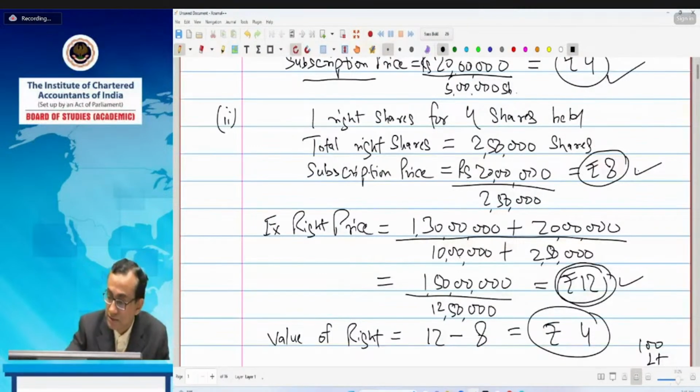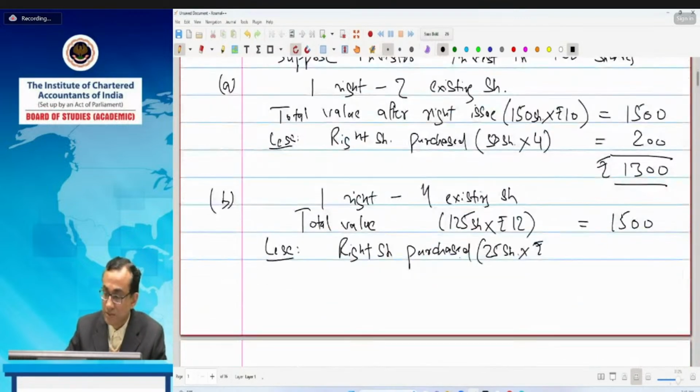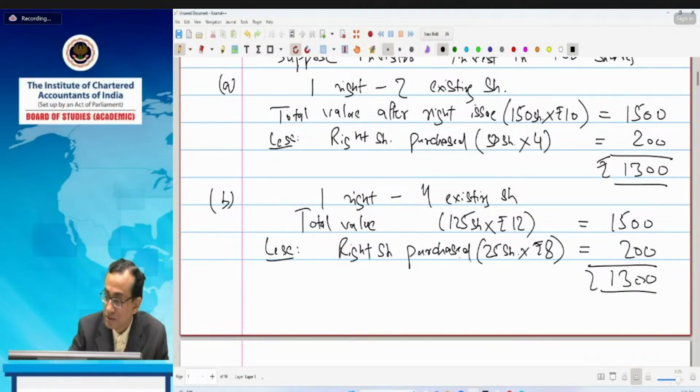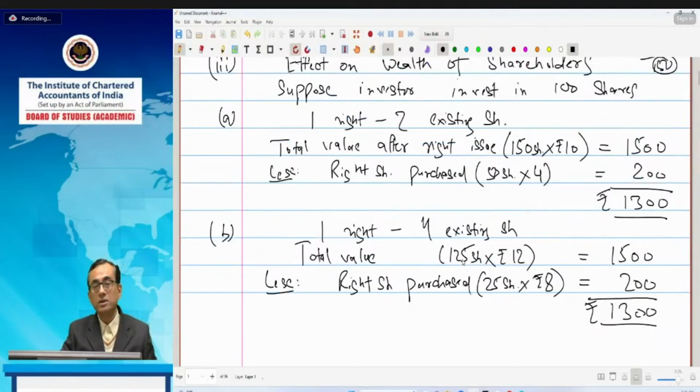The subscription price of right is rupees 8. So we will multiply 25 into 8, which is 200. It comes to 1300. So we see that in both situations, whether one right share is issued for two existing equity shares, or one right share is issued for four existing equity shares, the wealth of the shareholder is the same, 1300.